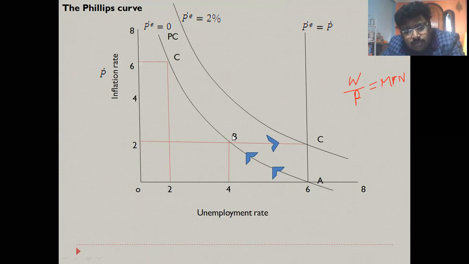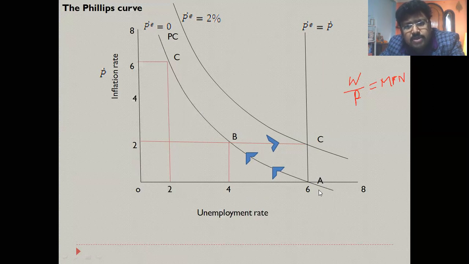In this Phillips curve, the expected inflation is zero. This Phillips curve is based on the expected inflation rate being zero. Here, the expected inflation rate is zero.